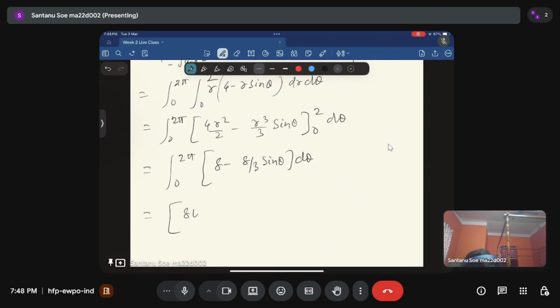So this is 8 theta minus 8 by 3 cos theta, 0 to 2 pi. So this is 16 minus 8 by 3 cos of 2 pi plus 8 by 3 cos of 0. So this is 16 pi, not 16.